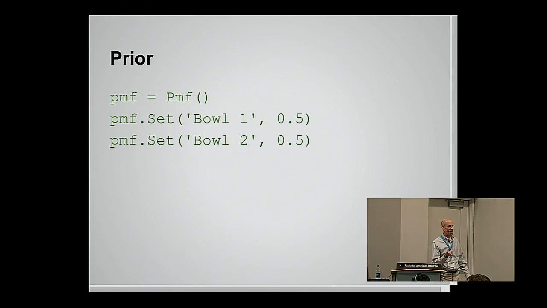So we're going to create another PMF object. This one I'm just going to call PMF. And again, the first step is to make a map from each possible hypothesis to its prior probability. And I'm using strings here to represent the hypotheses. We're going to see examples soon where the hypothesis might be a number. The hypothesis could be any kind of Python object. It has to be hashable, but other than that, it can be any kind of Python object. So set this up.